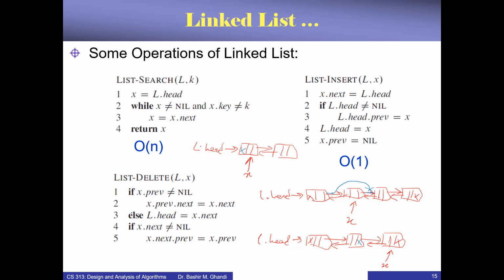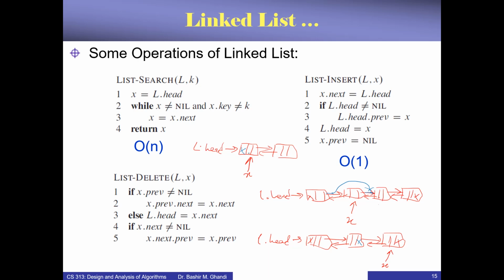Let's check. What about else? So it's saying if x.prev is nil, then we are talking about this first scenario. So what do we do in that case? We need to just update the head to become x.next.